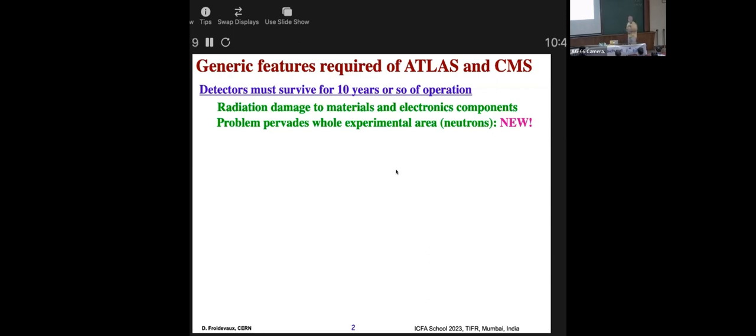Electronics components are particularly sensitive to radiation damage. You may have heard about single event upsets, about damage to silicon, changing the purity of the silicon crystal, etc., through radiation. All these effects are very well understood today. They were not at all understood when we started on this.